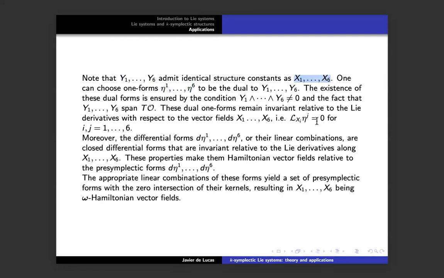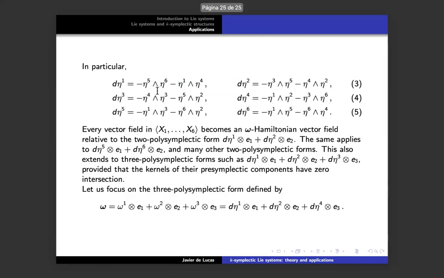And there is another nice thing, quite shocking at the beginning: if you work out the differential of these differential forms, it will be a linear combination with constants of these forms. Indeed, you have, for example, minus eta 5 wedge eta 6 minus eta 1 wedge eta 4, an expression of this sort.